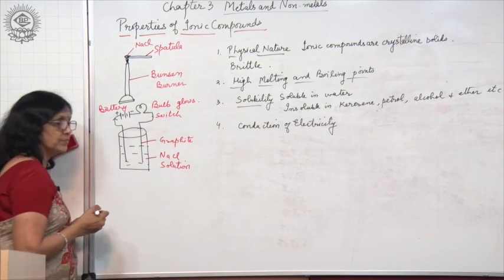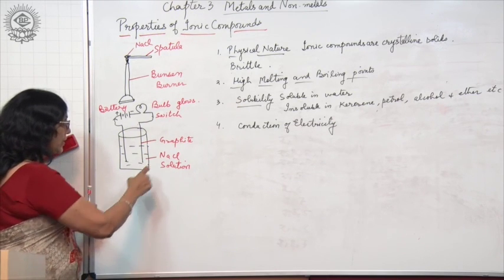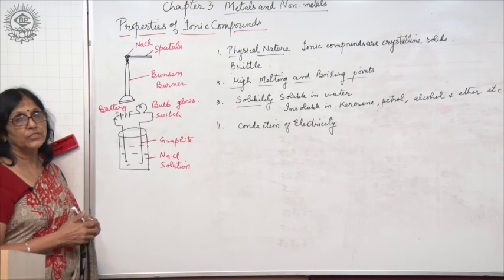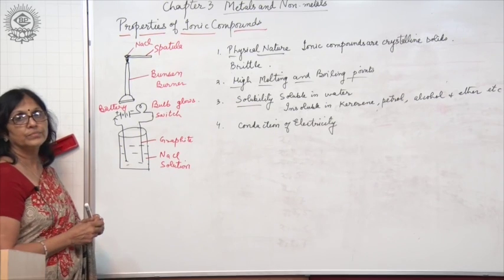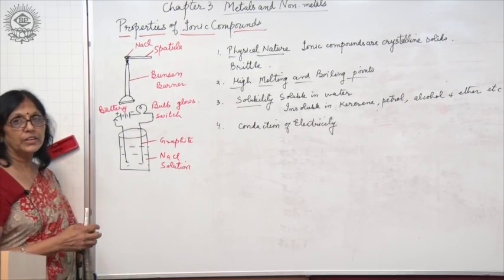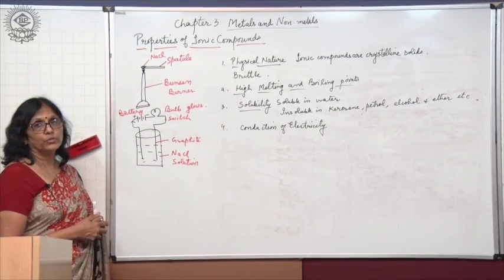What does it show? It shows that when NaCl is dissolved in water, sodium ions and chloride ions separate and allow the current to pass through the solution. Sodium chloride in the solid state does not conduct the electric current. In the molten state also, what happens?